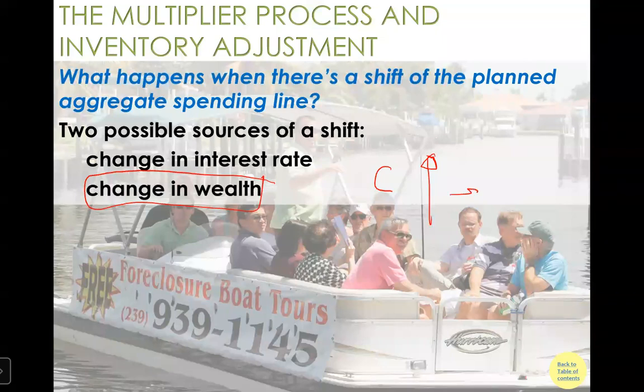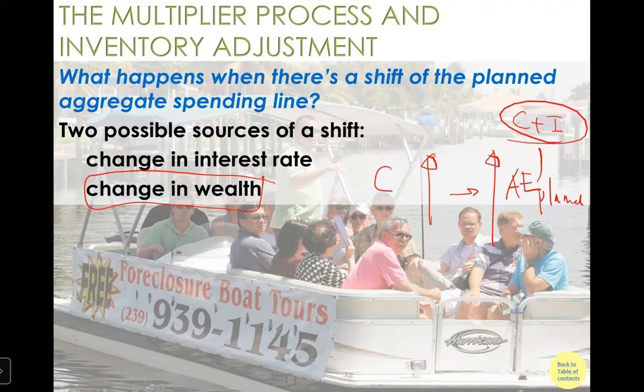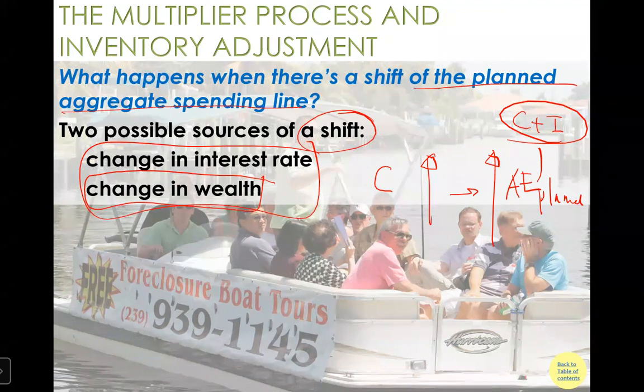Now, this just implies the aggregate expenditure is going to increase, because this is a summation of C plus I. So these are the two possible factors that cause the planned aggregate spending line to shift up or shift down.